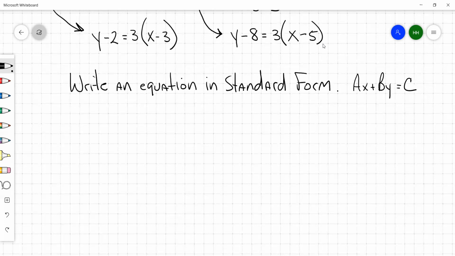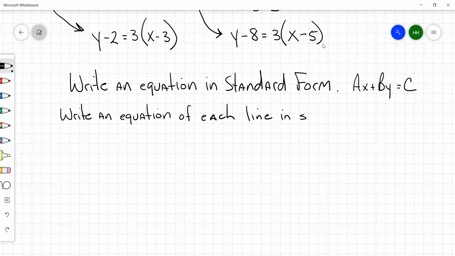So the question you'll be asked today is to write an equation of each line in standard form with integer coefficients.